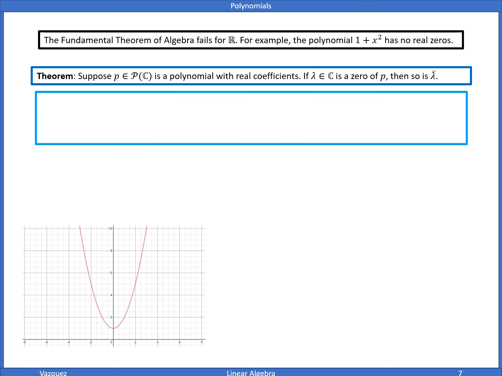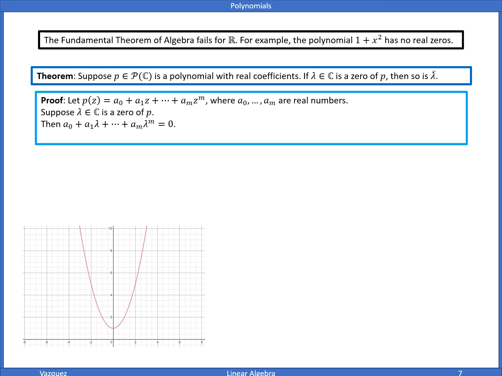And this proof is actually as simple as it gets, really. We're just using the properties that we learned from the first slide. So we let P be a polynomial, where a naught to a m are real numbers. We'll set it equal to 0, right? Because lambda is a 0. So by plugging in lambda, this should equal 0.